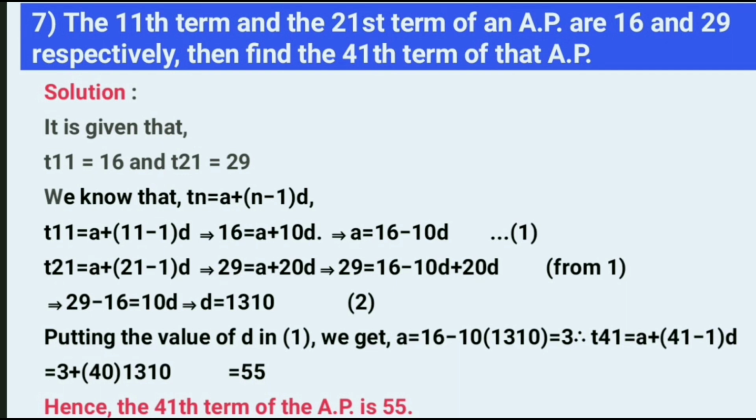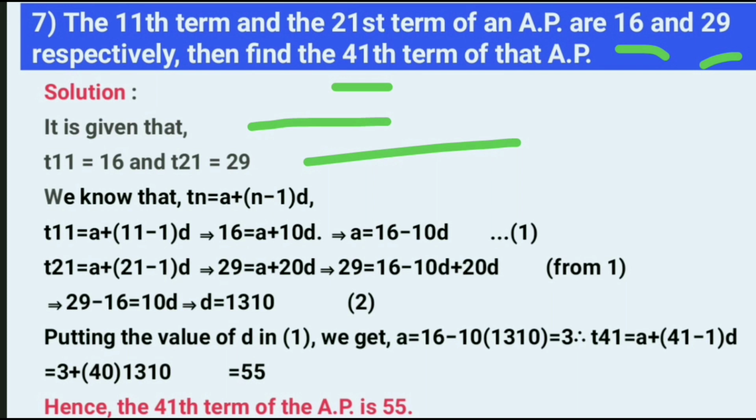Question number 7. The 11th term and the 21st term of an AP are 16 and 29 respectively. Then find the 41st term of that AP. Now solution. It is given that T11, that is 11th term, is 16. T21, that is 21st term, is 29.